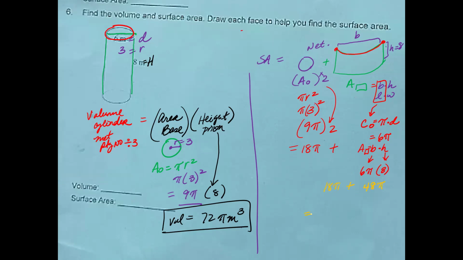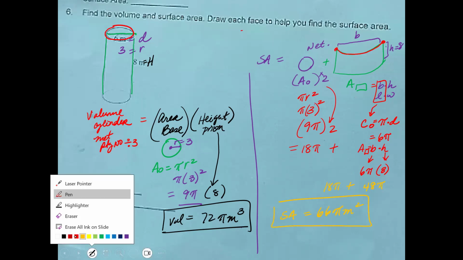Add it together, what do you get? 66 pi, surface area, and the units are meters squared.